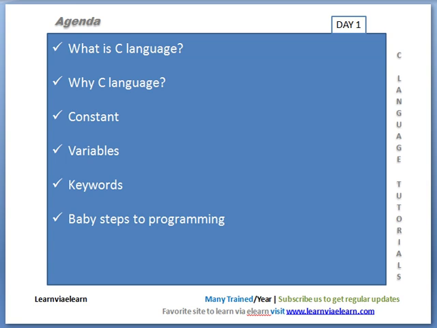This is because while learning these languages, you have things like classes, objects, inheritance, polymorphism, etc. So, learning these complicated concepts when you are not even comfortable with the basic language elements is like putting the cart before the horse.